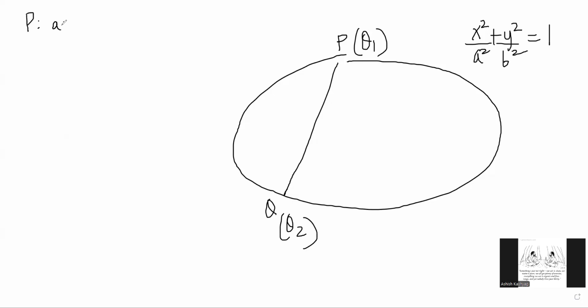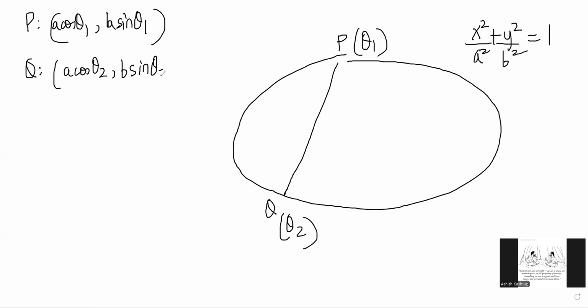P would be a cos theta 1, b sin theta 1, and Q would be a cos theta 2, b sin theta 2.